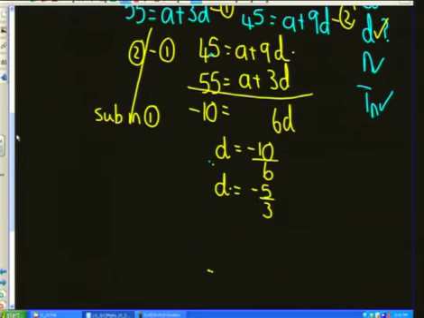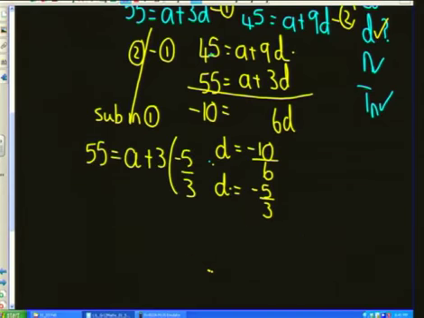Okay, so what I'm doing here is I'm going to say 55 equals A, which is what I'm looking for, plus 3 times the difference, which is minus 5 over 3. Now that's 3 over 1, so that 3 divides into that 3.